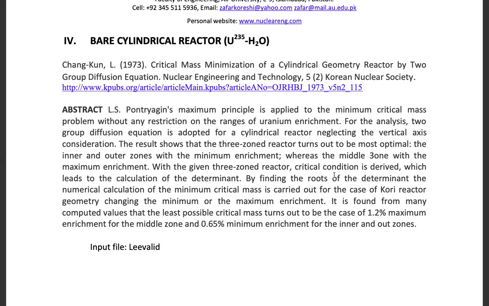Either you're given the composition and you find the dimension of the reactor, or you're given the dimension and find the composition at which it is critical. That is called the critical determinant. It is used in Lamarche, and it is used in this paper as well, in two-group. Lamarche used it for a spherical system, and Lee is using it for a cylindrical system.